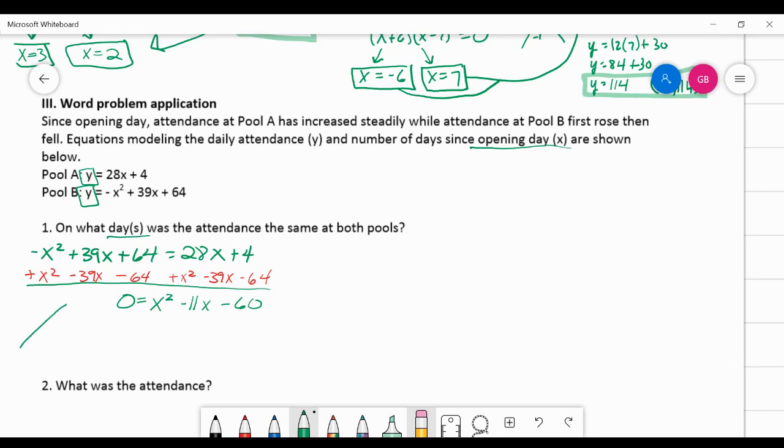So now I'm looking for numbers that multiply to negative 60 and add up to negative 11. So I know 4 and 15 multiply to 60, but I need one of them to be negative. I need the bigger number to be negative to get negative 11. So now my factors are x plus 4 and x minus 15.